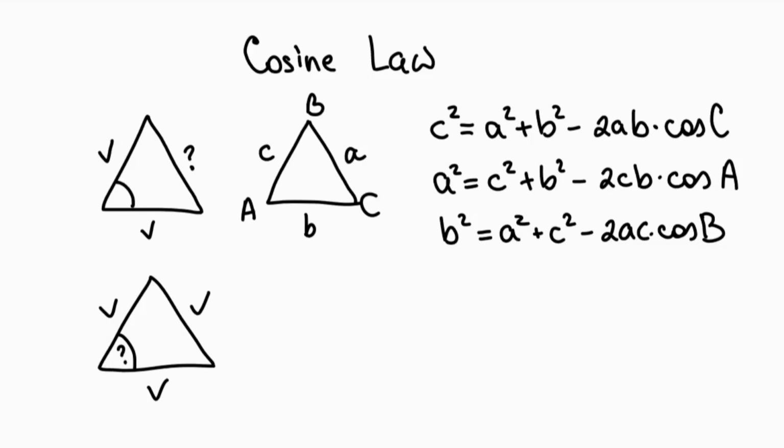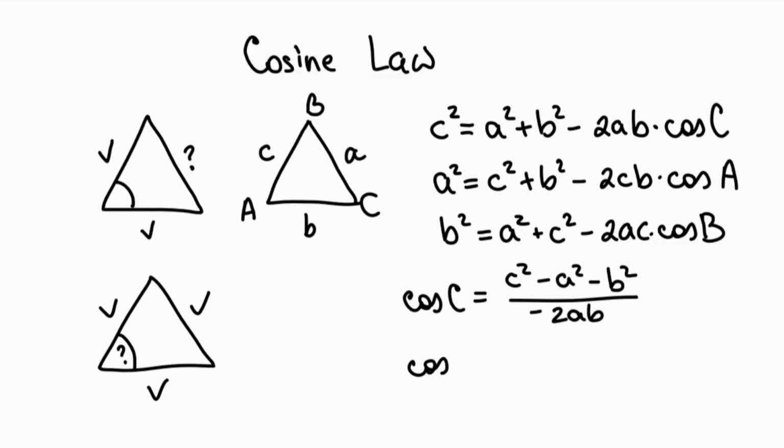When we're solving for an angle, then we have to isolate for it. So from the first equation, cos C will equal c squared minus a squared minus b squared over negative 2ab. Remember that when you're solving for an angle, the last step will be finding the inverse cosine of the given ratio, because you will be looking for the degree measure, not the ratio of cosine.